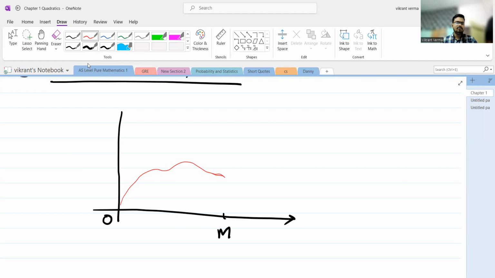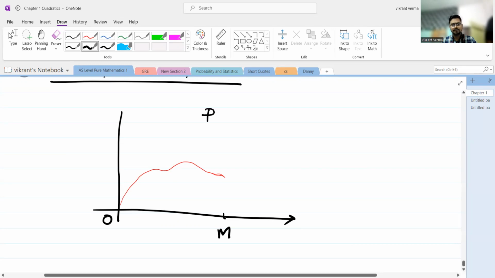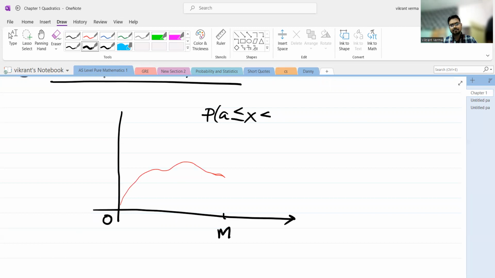If you want to calculate the probability of the depth, if A and B represent depths from point A to B, then there is a function f of x.